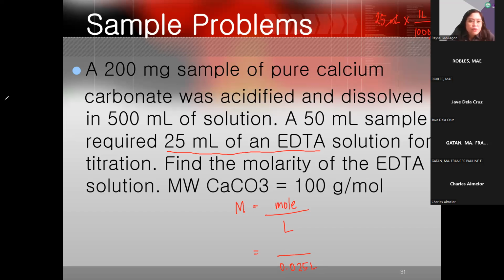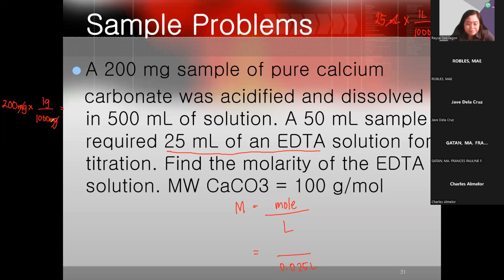Accordingly, we have 200 milligrams of pure calcium carbonate. Let's convert this first into grams kasi we don't really use milligrams in the computation. It will be much easier if we are going to convert this first. So, sa isang gram class, we have 1,000 milligrams.